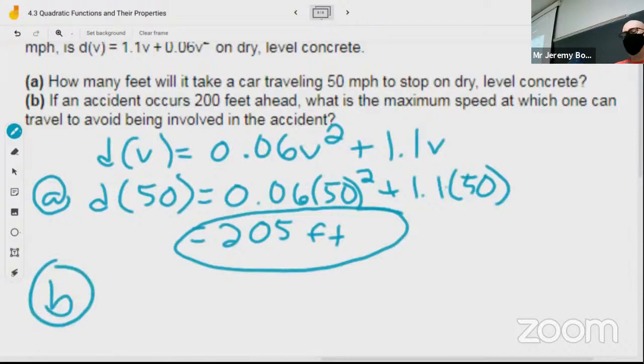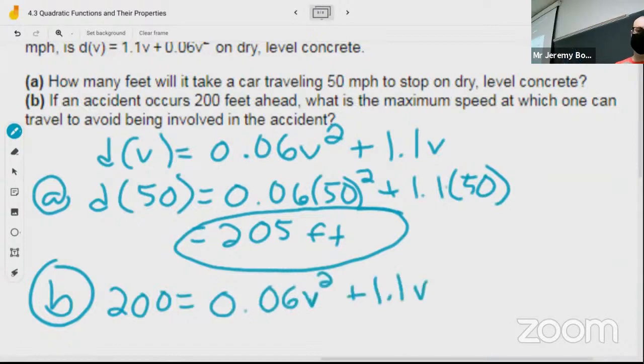And so what we're going to do is say, well, we want to figure out what v is when d is 200. So we do 200 equals 0.06 v squared plus 1.1 v. Now, you can work this out with the decimals, or we could also multiply both sides of the equation by 100 and get rid of the decimal.